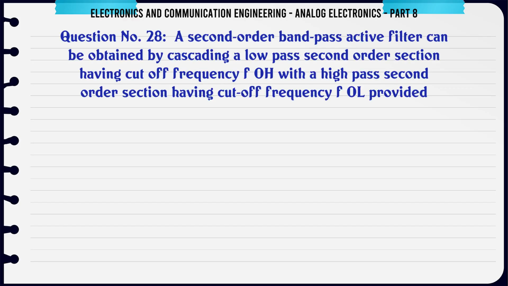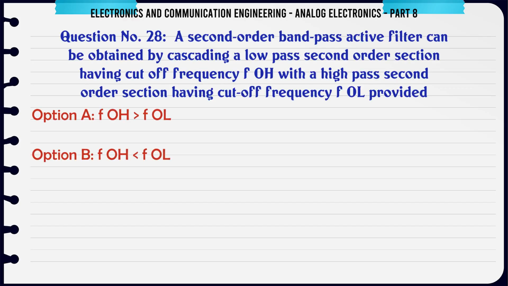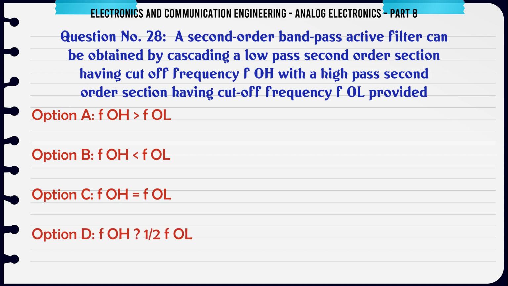A second-order band-pass active filter can be obtained by cascading a low-pass second-order section having cut-off frequency FO with a high-pass second-order section having cut-off frequency FOL, provided A. FO FOL, B. FO FOL, C. FO FOL, D. FO to FOL.